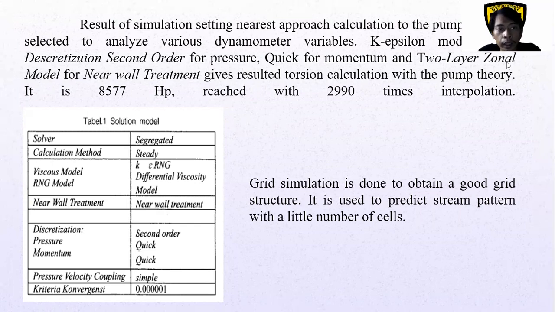It is 8577 horsepower, reached with 2990 interpolations, and the table is the solution model like this, and the grid simulation is done to obtain a good grid structure. It is used to predict stream patterns with a small number of cells.